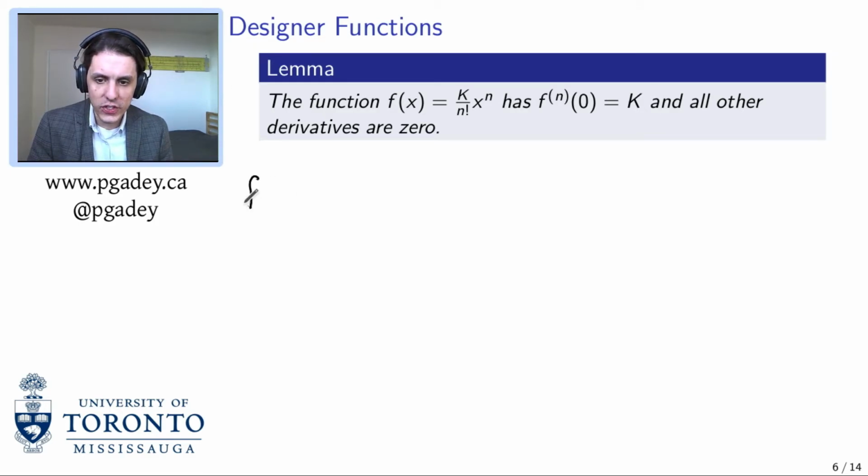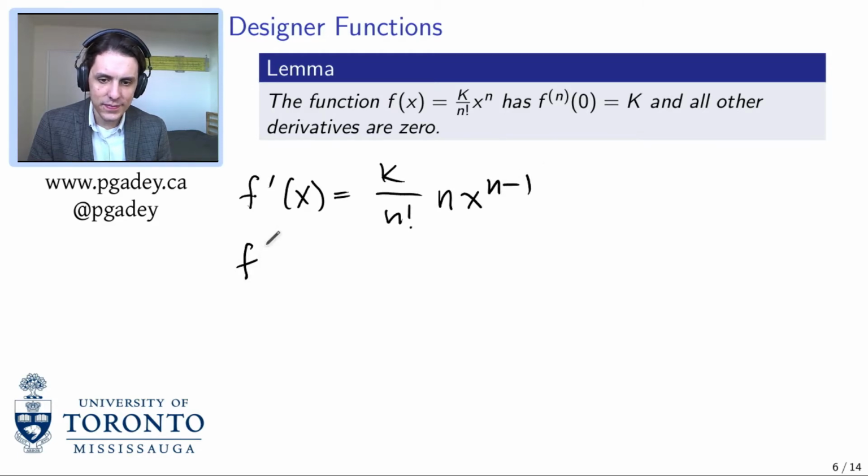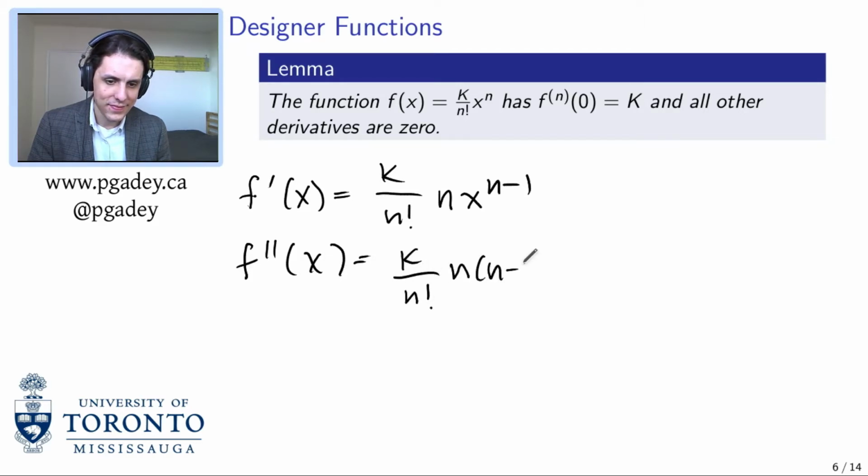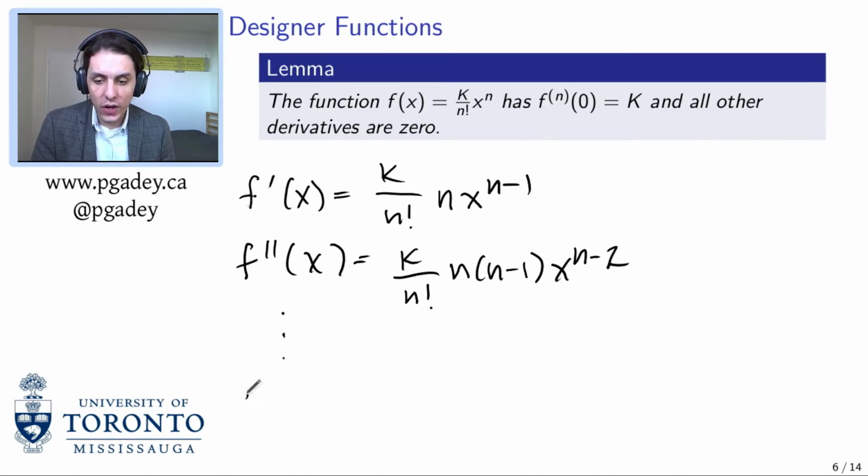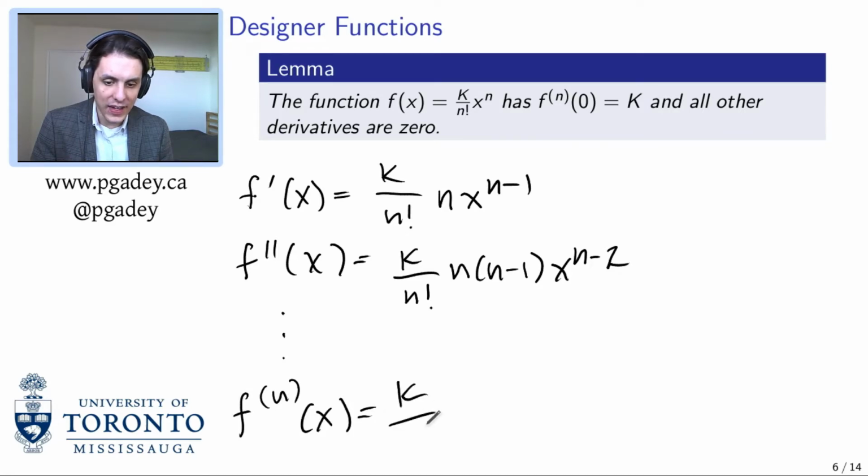So we take this function, take its first derivative, we take its second derivative, and we can keep going in this manner until we get all the way to the nth derivative of this function. And then we get k n factorial, which cancels down to k.